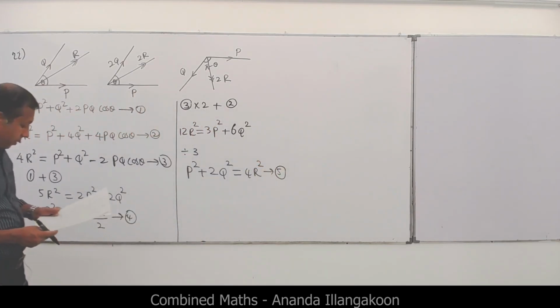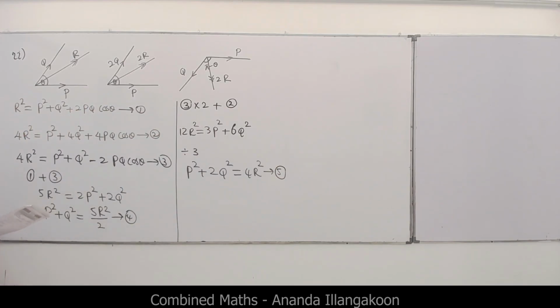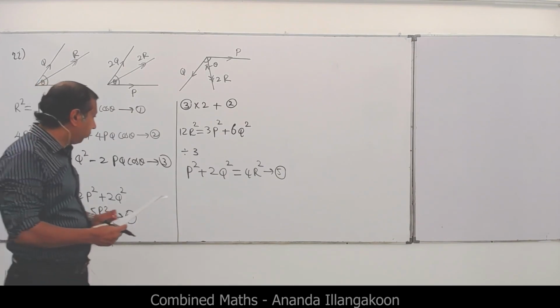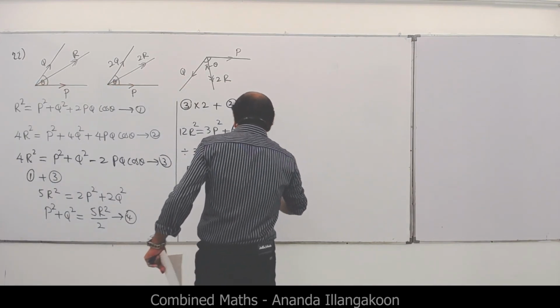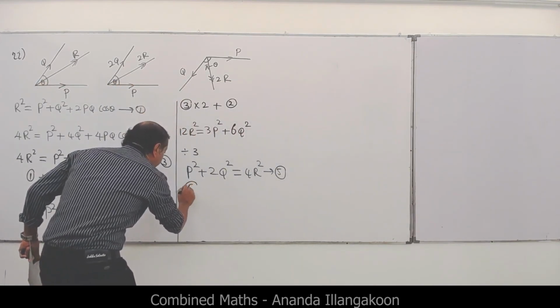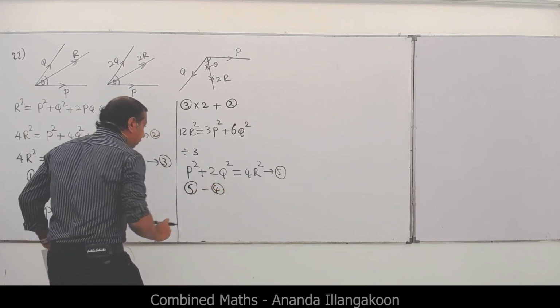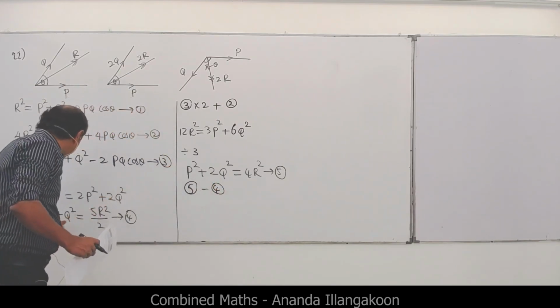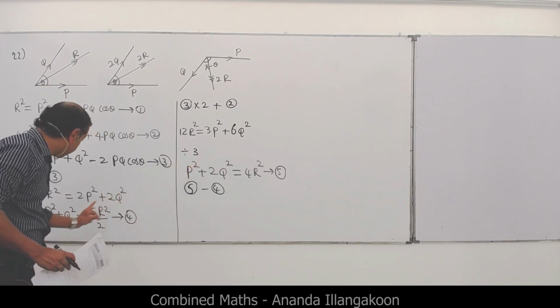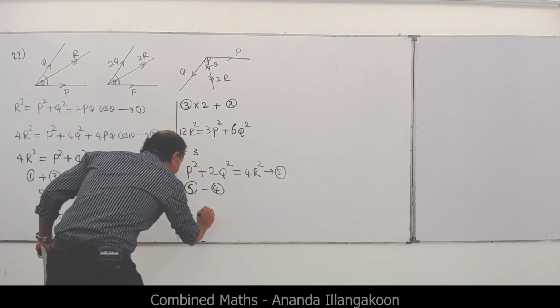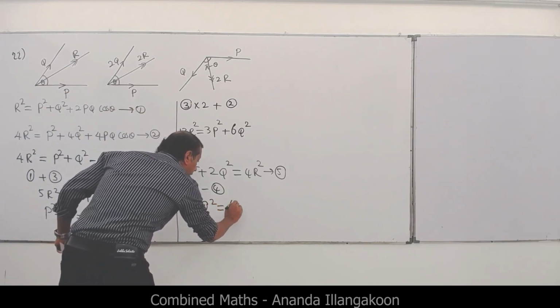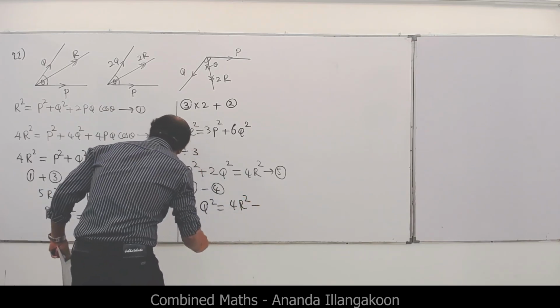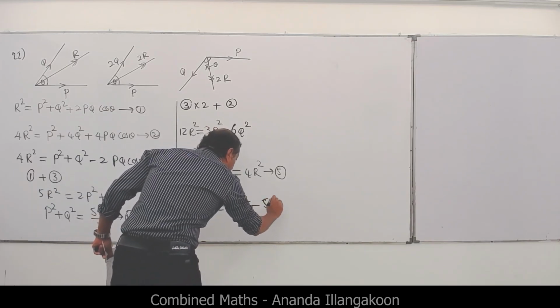Now by 5 minus 4, we can take Q. P squared minus P squared we can cancel down. 2Q squared minus Q squared is Q squared. 4R squared minus 5R squared by 2.